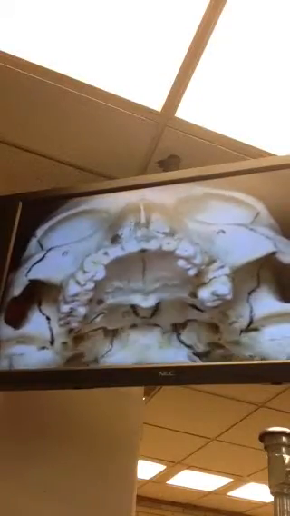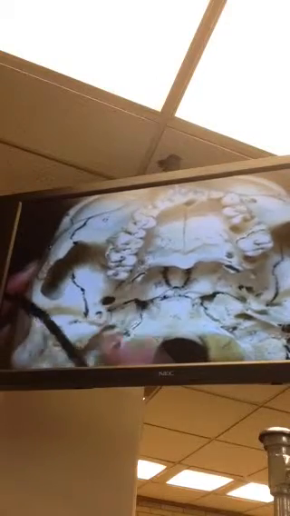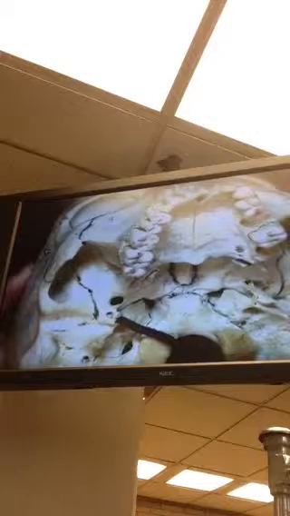As we come forward here, we have an opening. Let's look at it on this side. Here's the external carotid opening. Here is an opening. This little spike of bone right here is called the sphenoid spine.